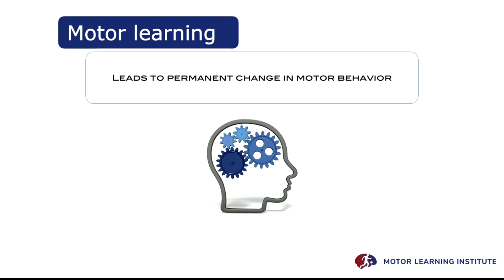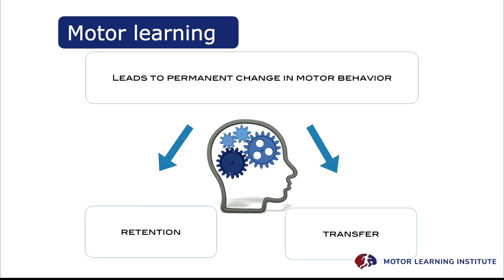So we go from learning to motor learning, and ideally motor learning leads to permanent changes or relatively permanent changes in motor behavior. And that will be shown in retention, so over time, and also in transfer tests or situations.